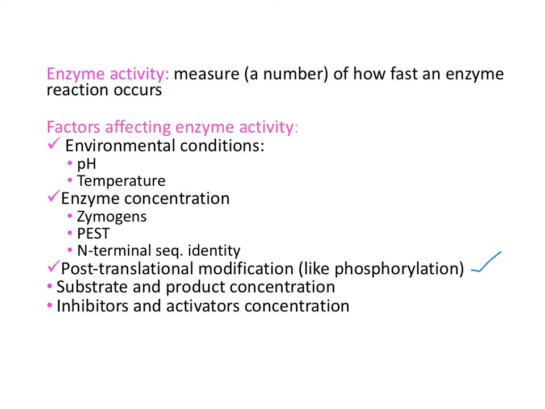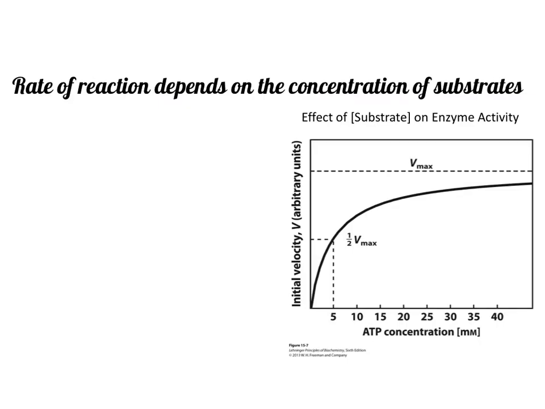And that's that one. All right, some of these we've already seen before, so brace yourself for a little bit of a review on how substrates and inhibitors can affect enzyme activity. The reaction rate depends on the concentration of substrates.